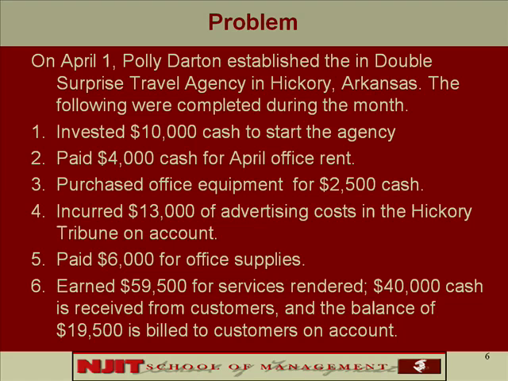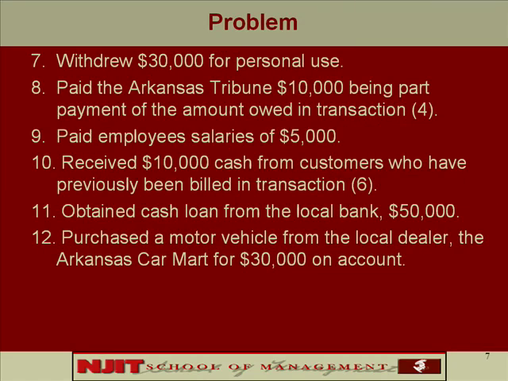The following transactions were completed during the month, and you can see it in front of you. Here's more transactions. So altogether, you have 12 transactions. I want you to print out these two slides, and we're going to do the problem together as a team.